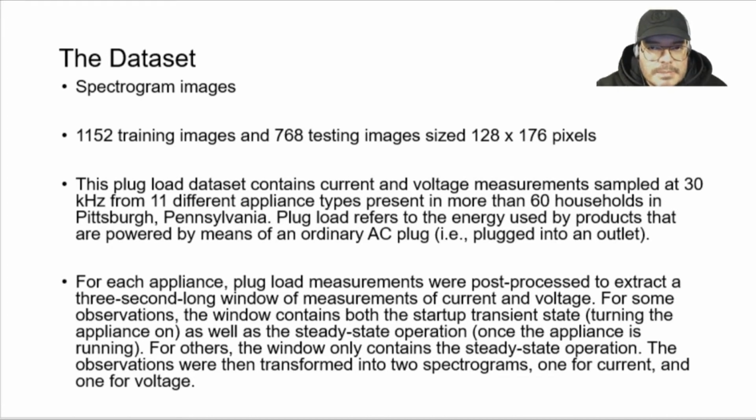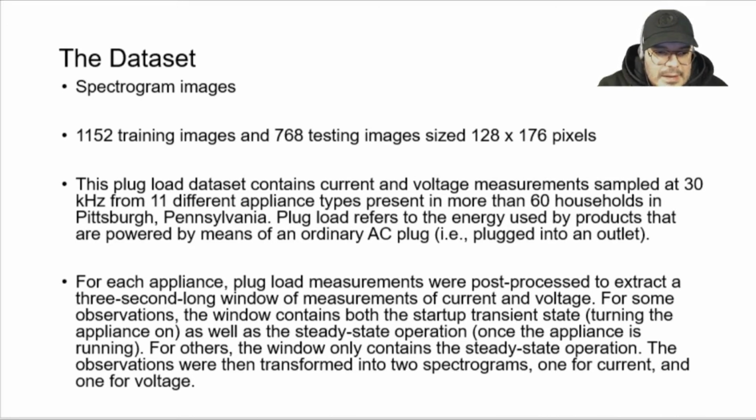You're looking at energy conservation, so it would be very important for government agencies and things like that. For each of the appliances, the plug load measurements were post-processed to extract a 3-second long window of measurements of current and voltage, and that's what you see in the images which we'll look at.